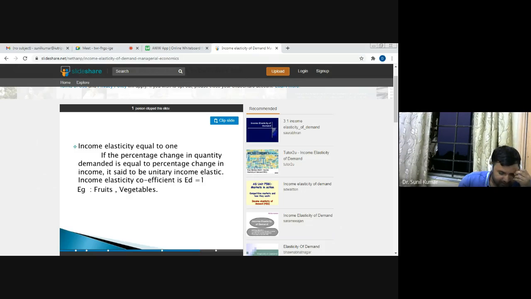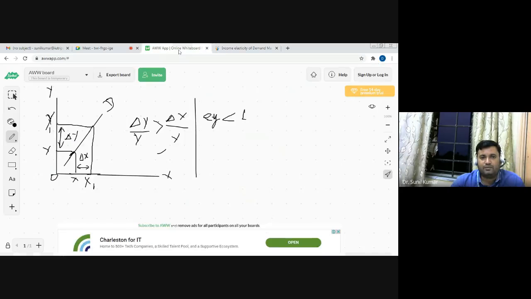Unitary income elastic indicates that the percentage change in quantity demanded is equal to the percentage change in money income.